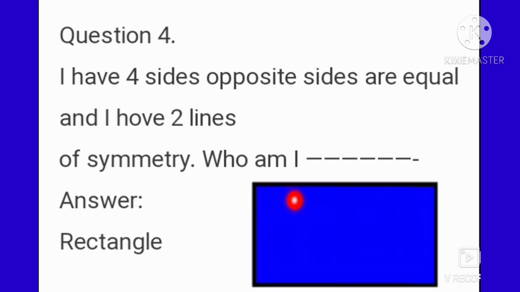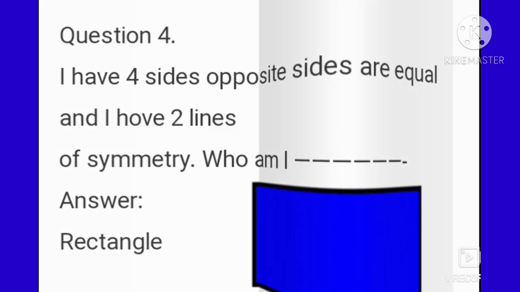Children, see here the shape, it has 4 sides. 2 sides are opposite to each other, so the lengths are opposite to each other, and the breadths are opposite to each other. And it has 2 lines of symmetry. The rectangle has 2 lines of symmetry.